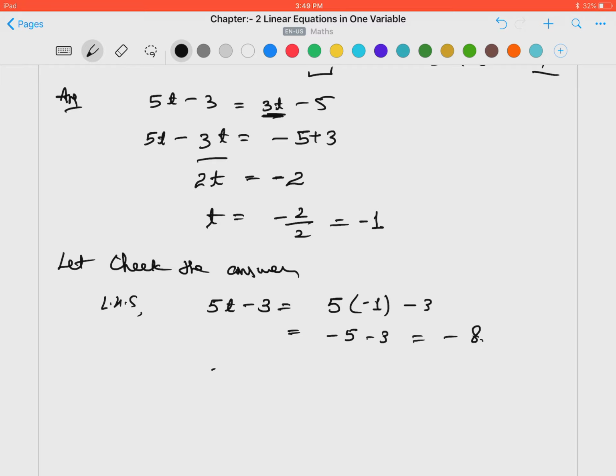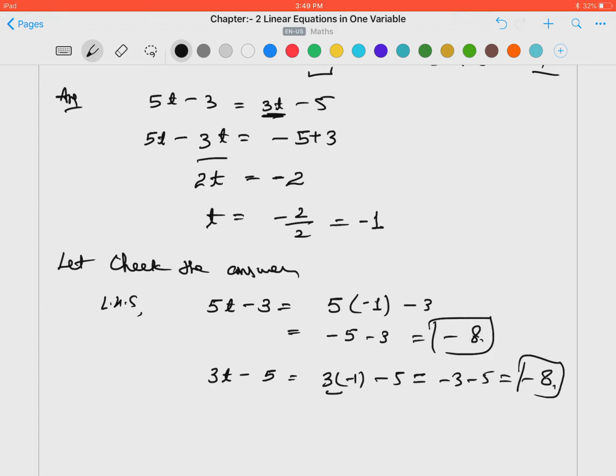Then we have 3t minus 5. Now again put the value of t. 3 into minus 1 minus 5. This 3 into minus 1 is minus 3, and minus 5 equals to minus 8. Now you can see both side terms are equal. That means the answer is correct.